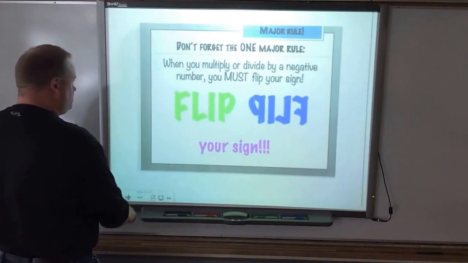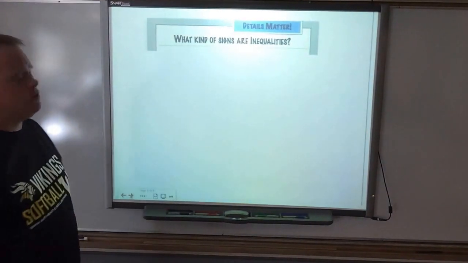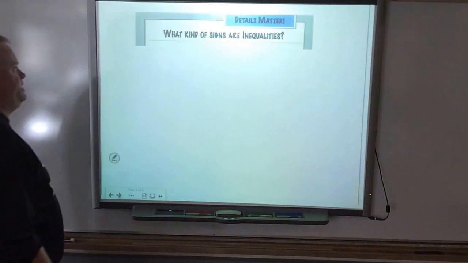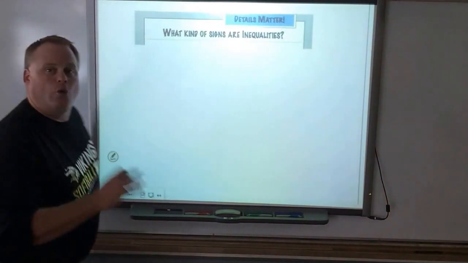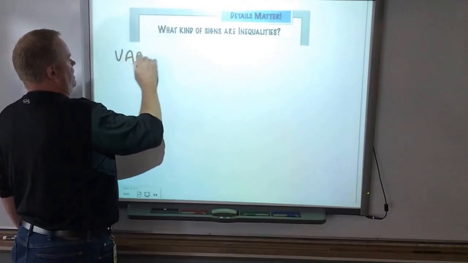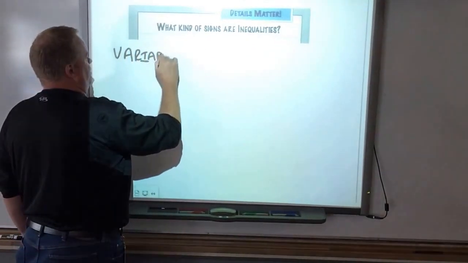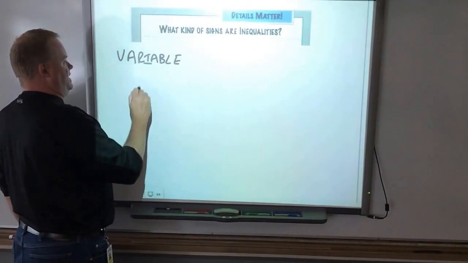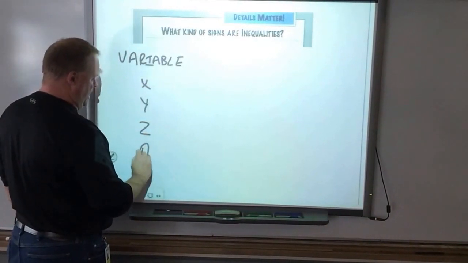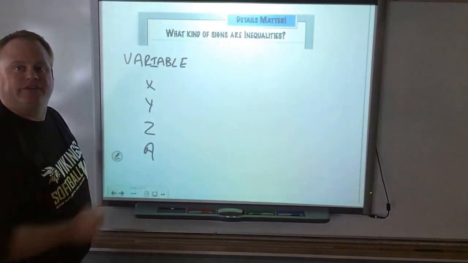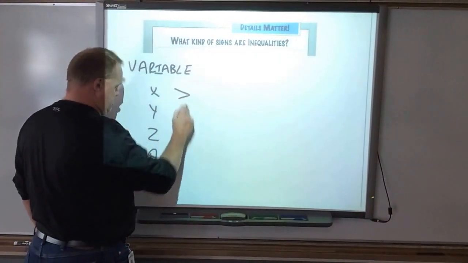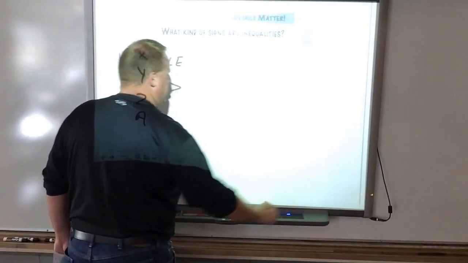Okay. What kind of signs are inequalities? Well, we should remember this from Algebra 1, but if not, the first thing we always want to remember is we want our variable on the left-hand side. So the variable has to be on this side. So if I'm using X, Y, Z, A, I always want it on the left-hand side. If I have this sign right here, what is that going to mean?